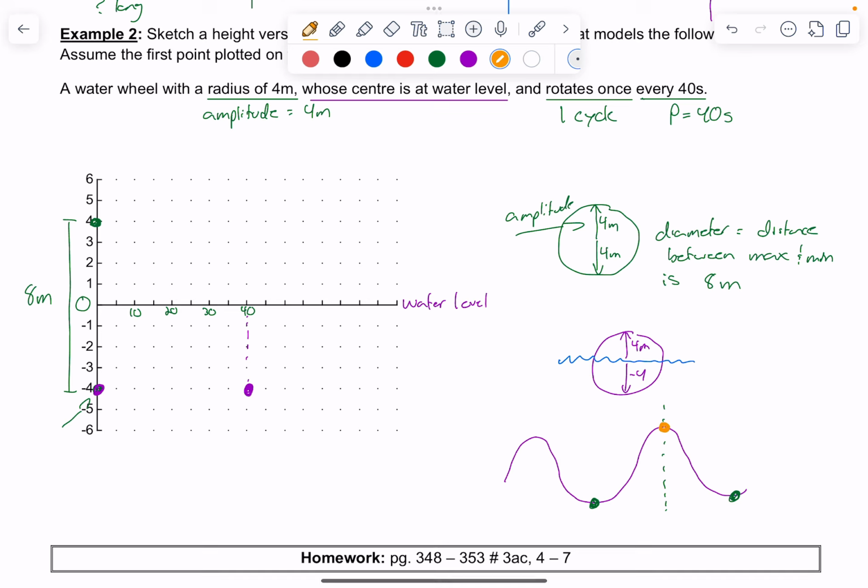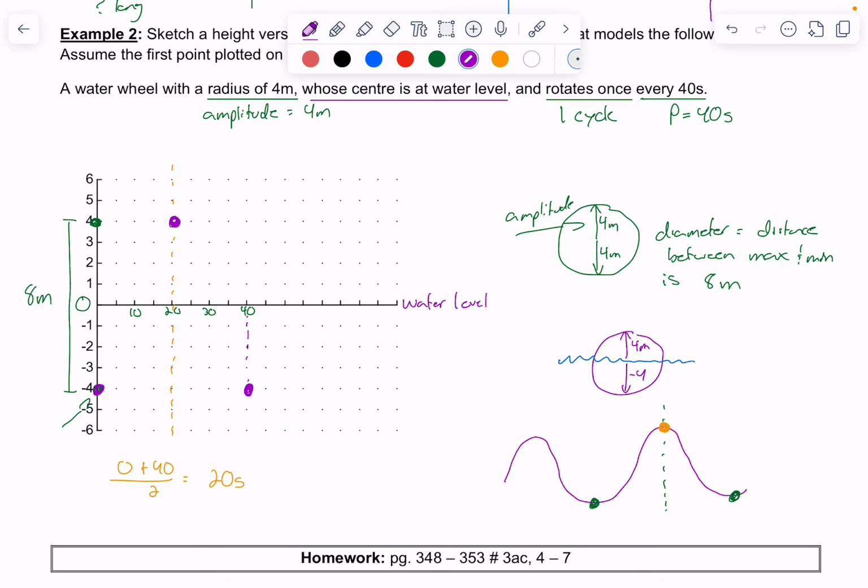Halfway between 0 and 40 is 20 seconds. So around the 20-second mark, you need to be at your maximum right there.